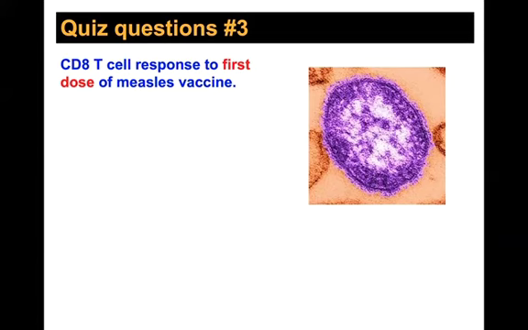The first step of a response is that dendritic cells are sitting in the periphery sampling their environment by taking things into endosomes through the pinocytic pathway.